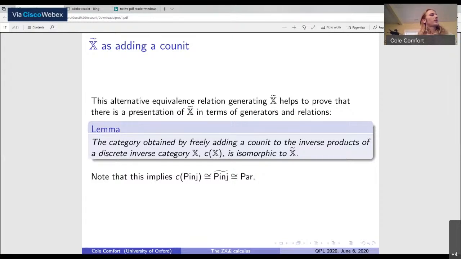Because if you think of the CP-star construction as decohering and then having a discarding map, the discarding map is actually like the co-unit for the Frobenius algebra, because recall the Frobenius algebra originally had neither co-units nor units in a discrete inverse category. So if you add a co-unit to the inverse category of sets and partial injections, then you get sets and partial maps. I think that's pretty cool. Adding discarding to sets and partial injections gives you partial maps.